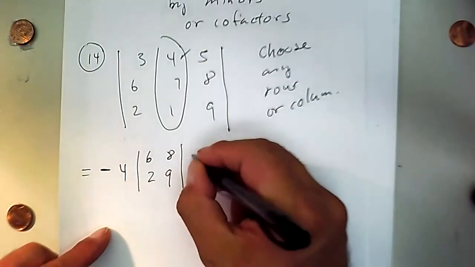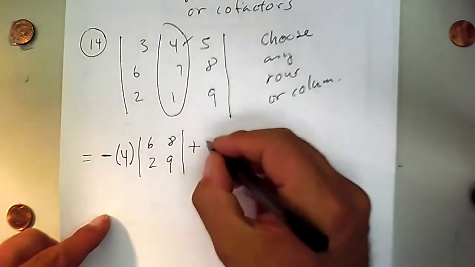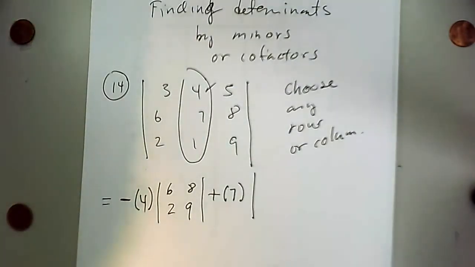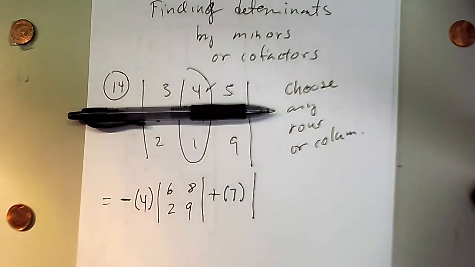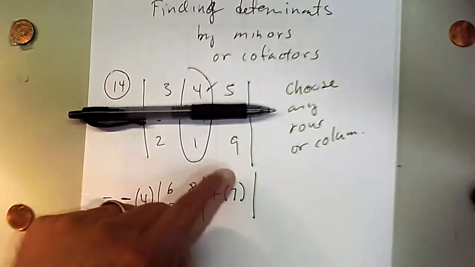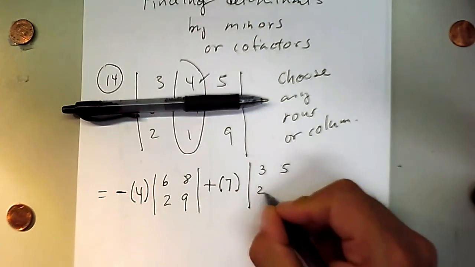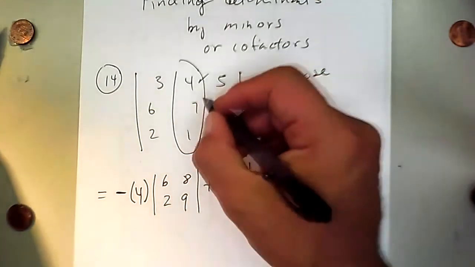So do plus, I'm going to put the 4 in parentheses, plus 7 times the determinant found by crossing off the row of the 7 and the column of the 7. So we have 3, 5, 2, 9.